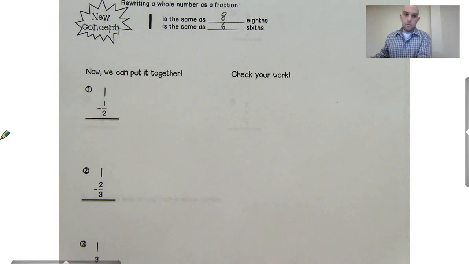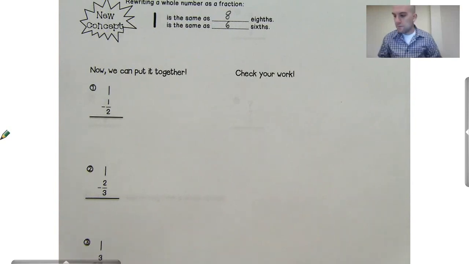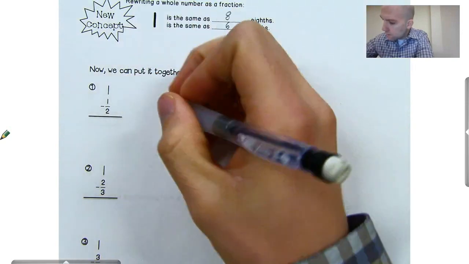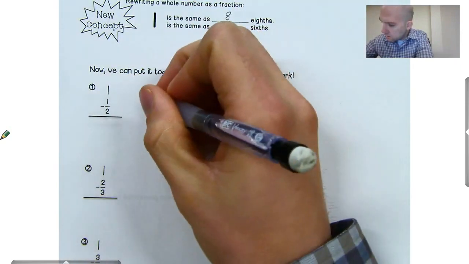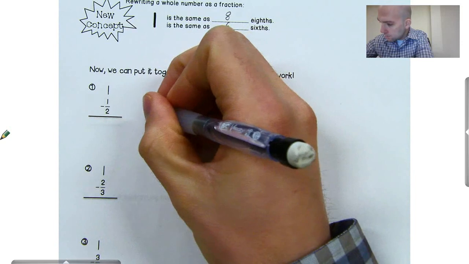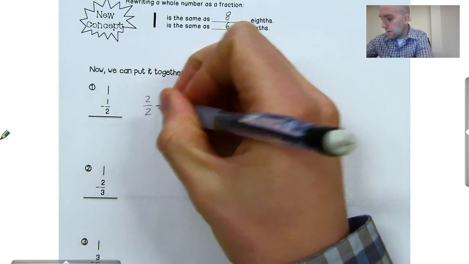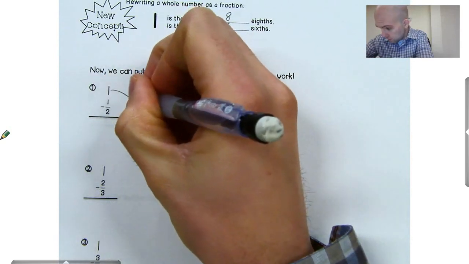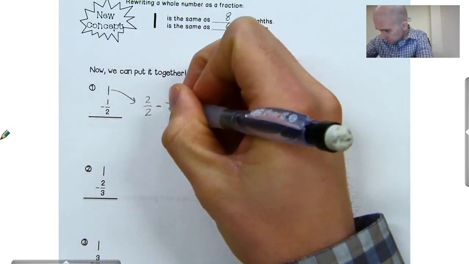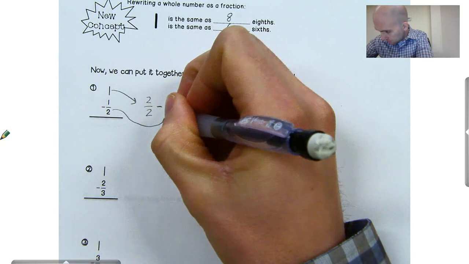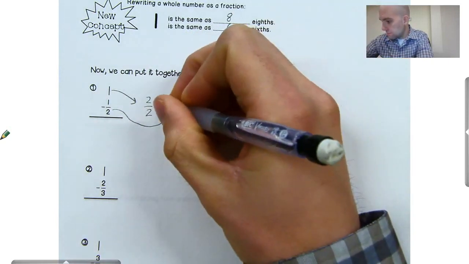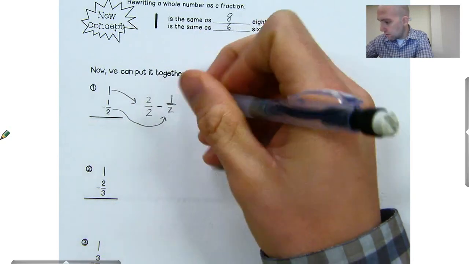So let's look at number 1. It says 1 minus 1/2. So I'm going to rewrite 1 as 2/2. And then I'm going to subtract 1/2. So this 1 becomes 2/2, and then this half becomes 1/2 right over here.